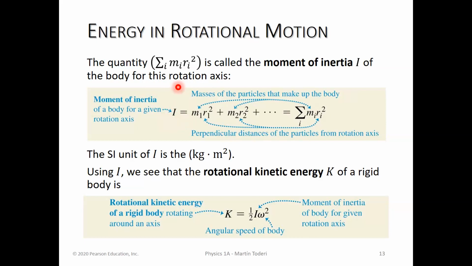All right. So we come up to this expression, the rotational kinetic energy. If you take a closer look, you'll see that the linear kinetic energy was 1/2 of the mass times the velocity squared, and now we're replacing the mass with the moment of inertia, so it's a way to weight the masses and the portions of the body that are rotating at specific distances from that axis of rotation.